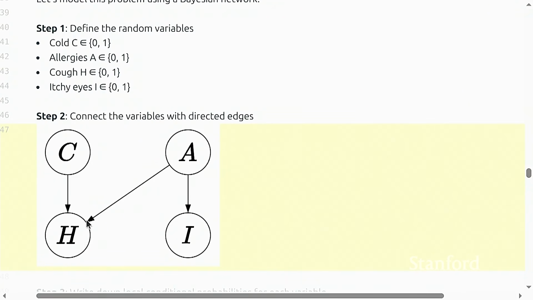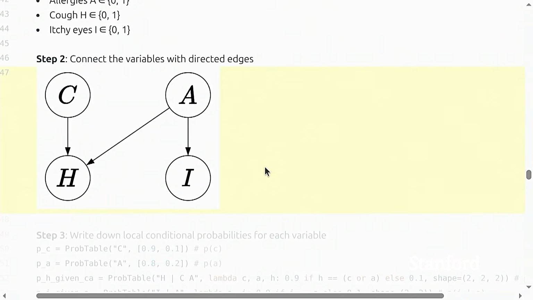And the symptoms are you cough when either you have a cold or allergies, and you have itchy eyes only when you have allergies. Okay? So this is what it looks like. Now, step 3, write down the local conditional probabilities for every variable. So there's 4 variables here, and we're going to go through each variable and write it down.